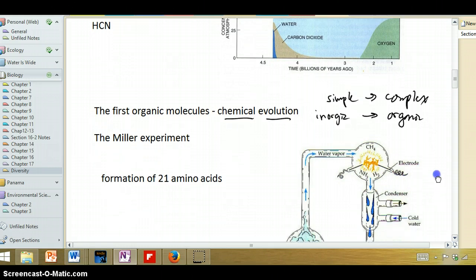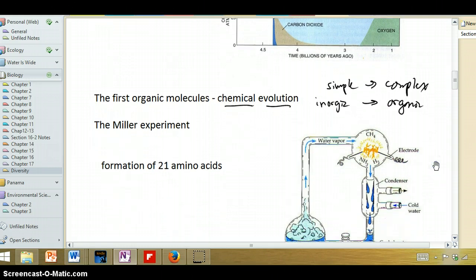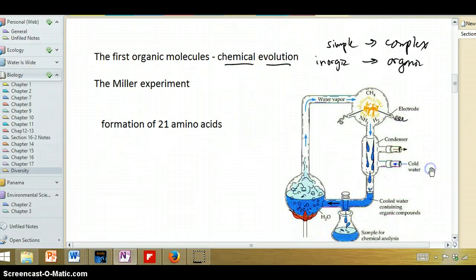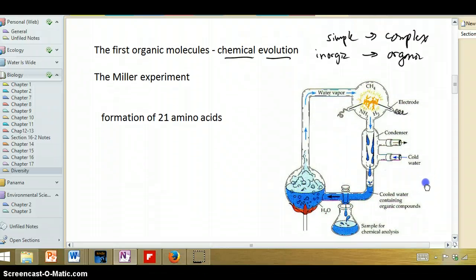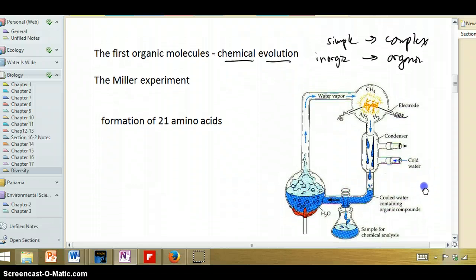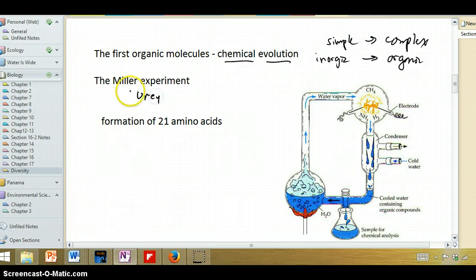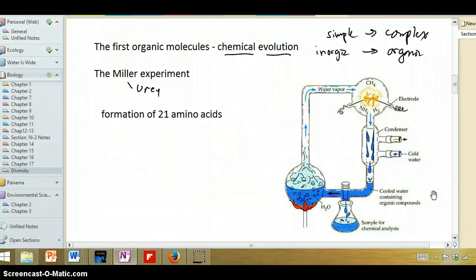There's a very famous experiment done back in, I think, the late 1950s called the Miller experiment. Stanley Miller at the University of Chicago, and his graduate advisor, whose name was Harold Urey, so they're sometimes known as the Miller-Urey experiments. And in fact, Miller, I believe, was a graduate student at the time.